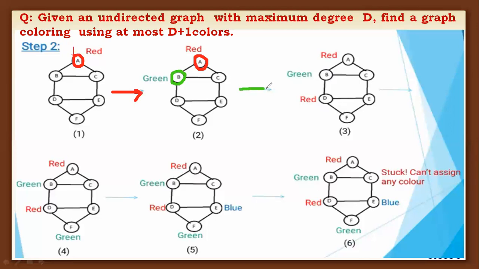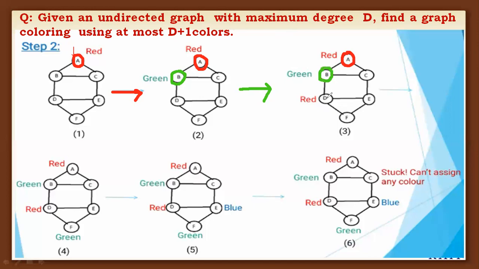Next, move to the third vertex D. Already the first vertex is filled with red, the second vertex is filled with green. Now I need to fill the third vertex.